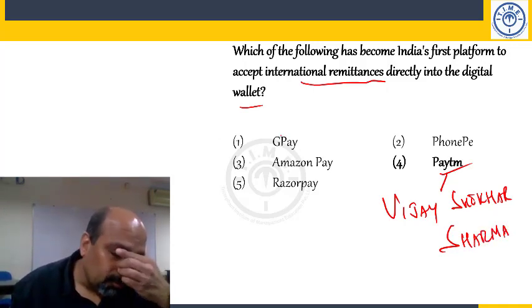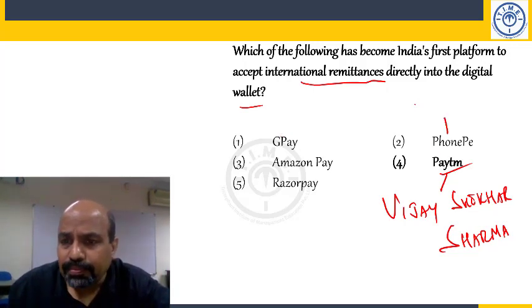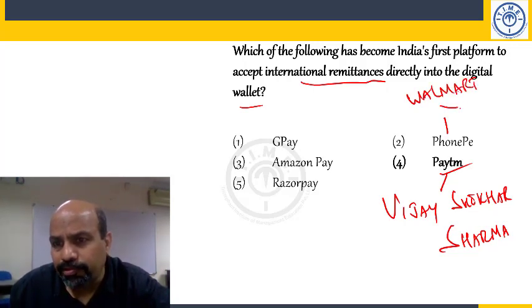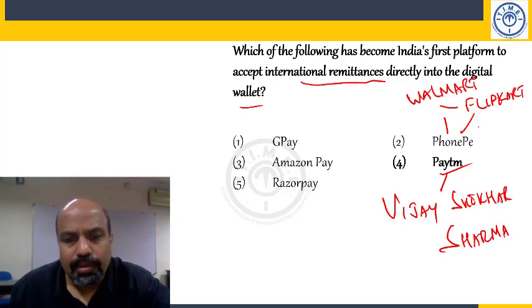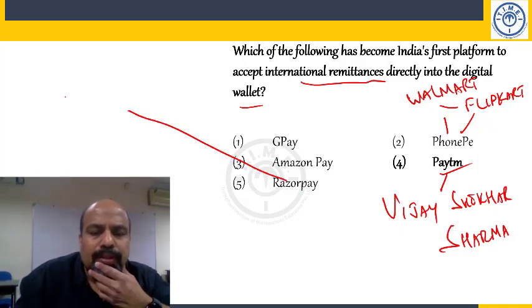Google Pay is owned by Google. PhonePe is owned by Flipkart, and Walmart owns Flipkart. Simple. Amazon, of course, is Amazon. Only one company you should know.